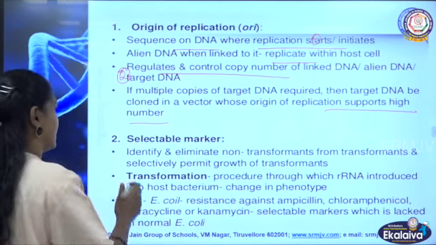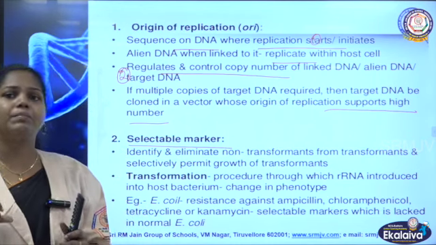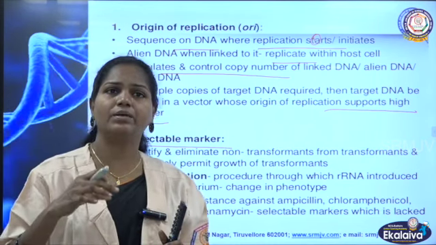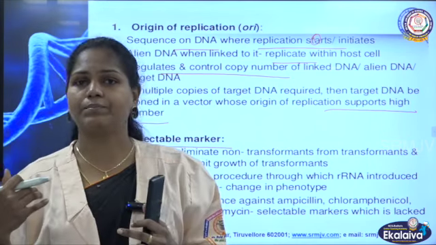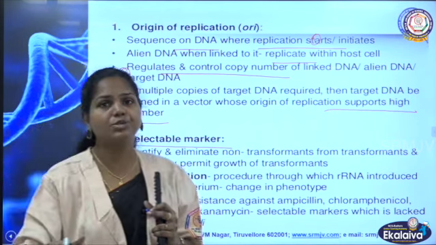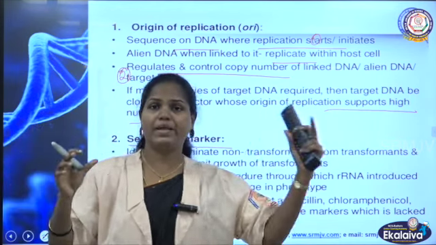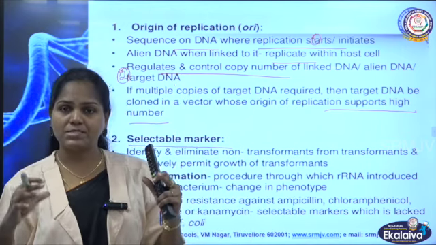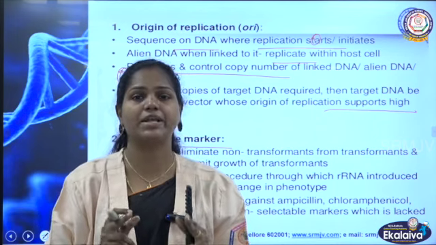The next one, selectable markers. We are going to use it for selecting something. So this plasmid we are going to introduce into the host cell. Already you have seen the cloning process. You take a foreign gene and the plasmid DNA, and both have to be restricted with the same restriction enzyme.